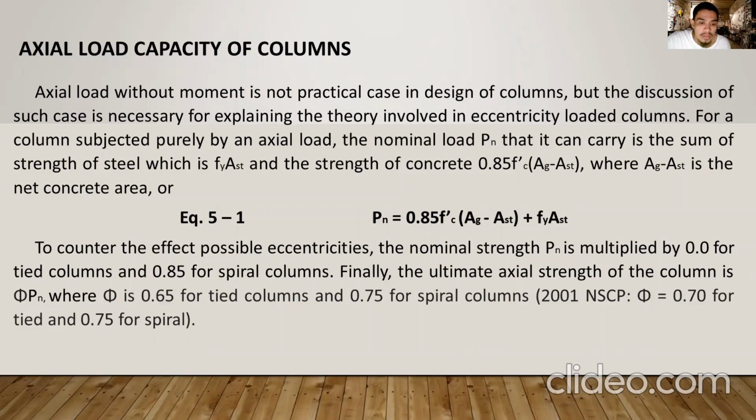The equation is 5-1: Pn = 0.85 f'c (Ag - Ast) + Fy Ast.